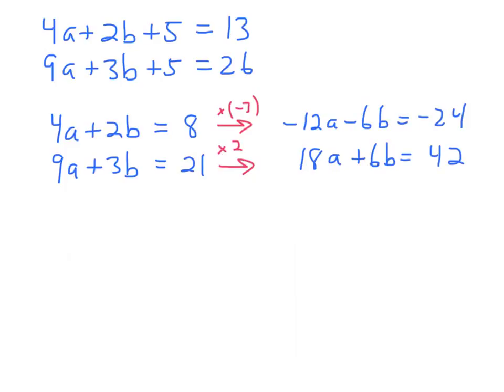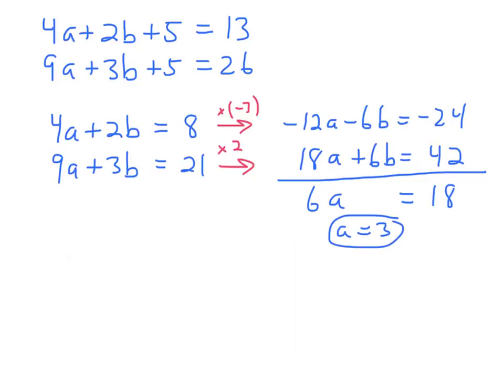And now we have the opposites, -6b and +6b, which is what I wanted. And so now I'll go ahead and add these together, which gives me 6a equals 18. And then if I divide by 6 on both sides, a equals 3.